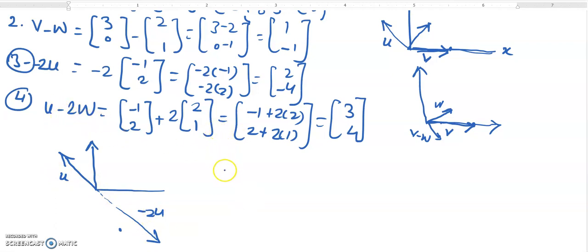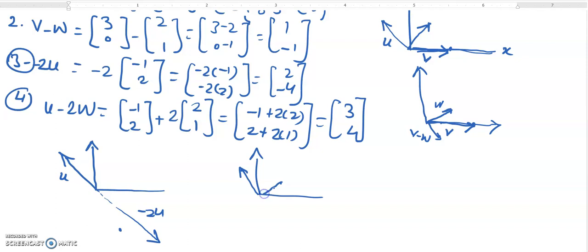And u minus 2w. We can represent u as minus 1 and 2, so minus 1 and then 2. This is u, and then 2w, where w is 2, 1, so 2 and then 1.